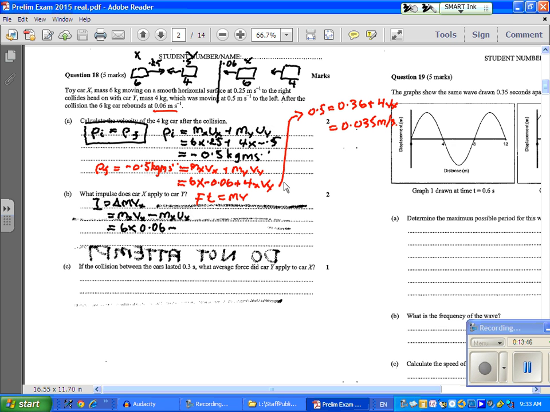Minus 6 times, now I've got an opposite direction here, so I'm going to have to put minus 0.25. And when I do that, again, you can put that in your calculator and come up with an answer, which happens to be minus 7.68 newton seconds.